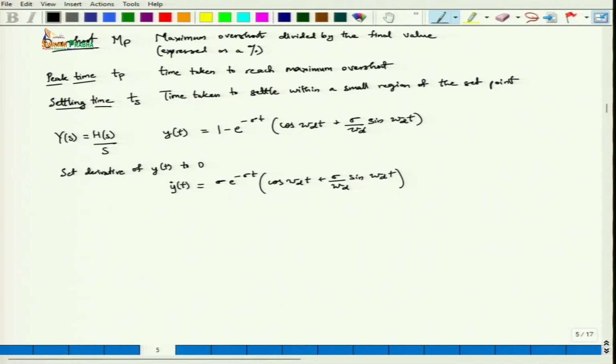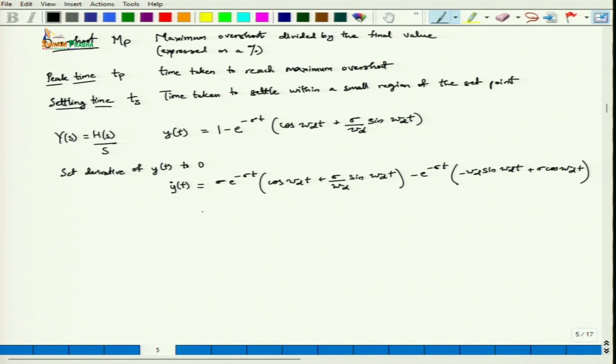Next, we will differentiate the cos and sine terms to get this particular expression.